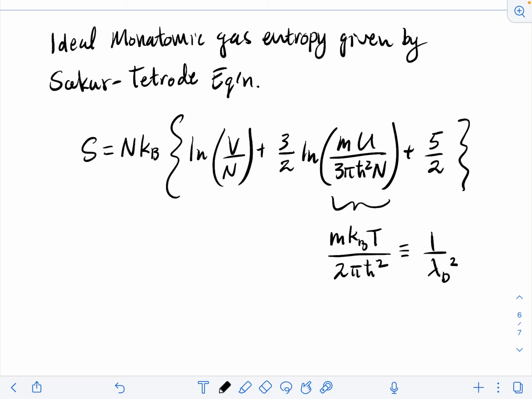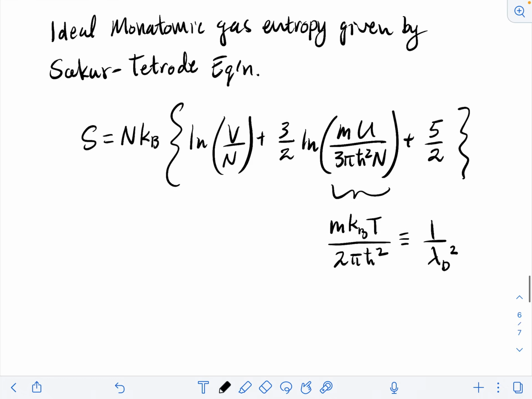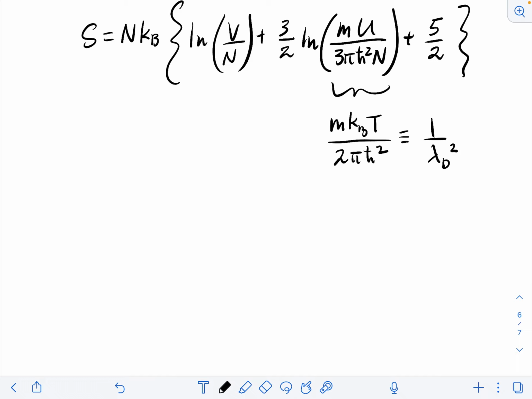I've written this equation where I've left the internal energy U inside the ln, and I've done that for a reason. And the reason is that we're going to use this entropy to determine the chemical potential.